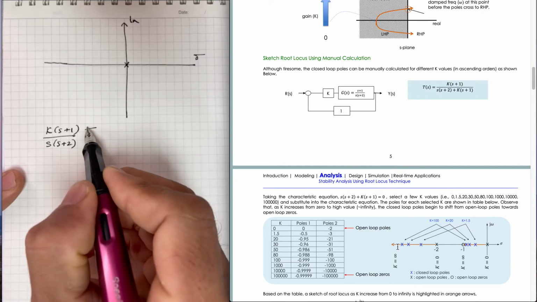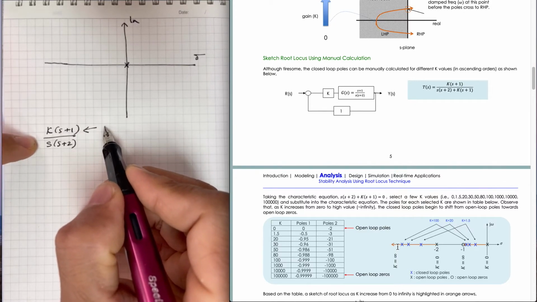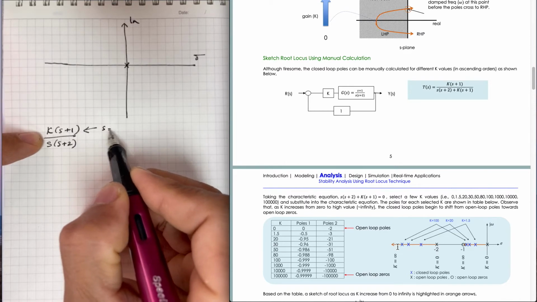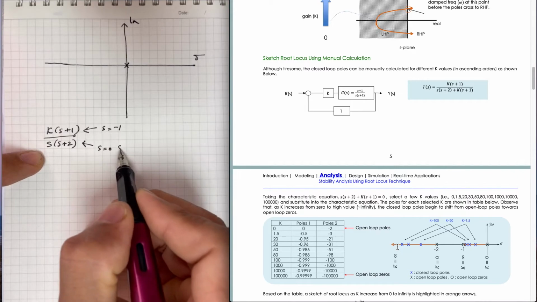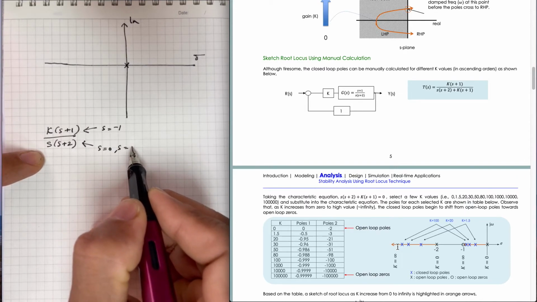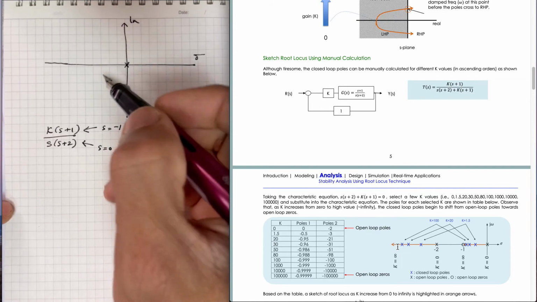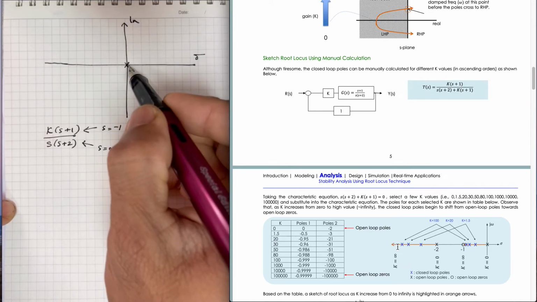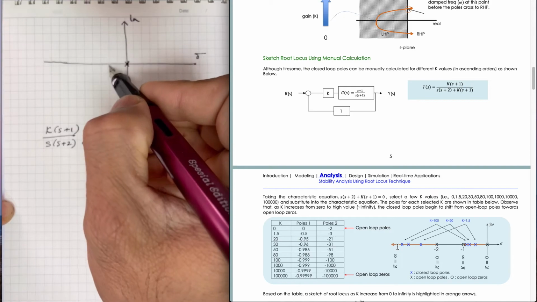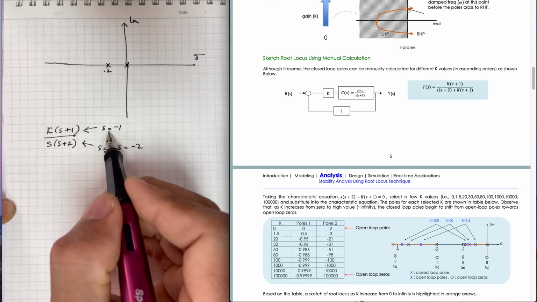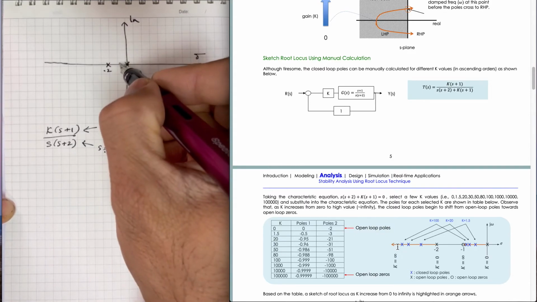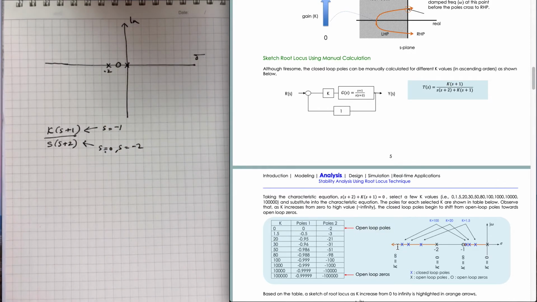So our zero is s minus 1, and our poles for open loop are s equal to 0 and s equal to minus 2. So we plot one here, and one here, which is minus 2. This is our zero. So there are 3 poles.